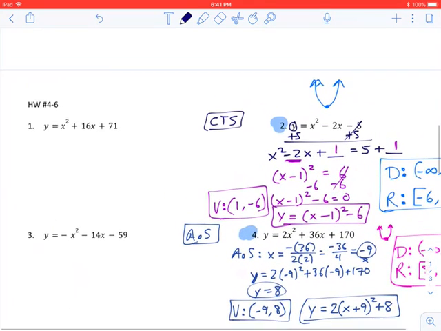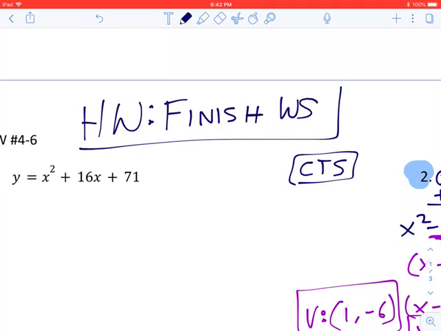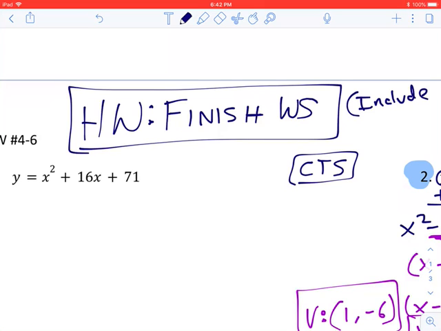So your homework is to finish this worksheet, or finish the back side of this worksheet. Include domain and range.